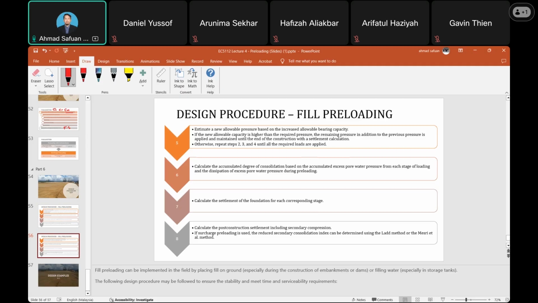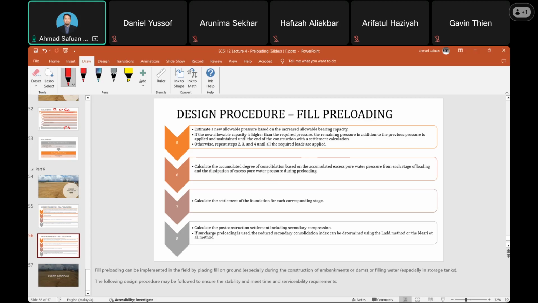So based on the local authority, especially in Malaysia, the post-construction settlement after 5 years should not be more than 250 millimeter.